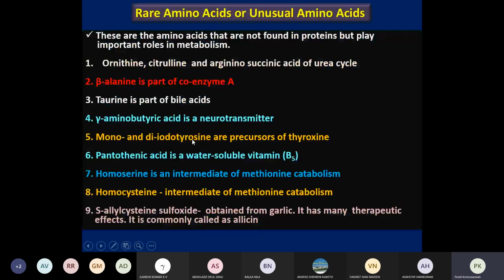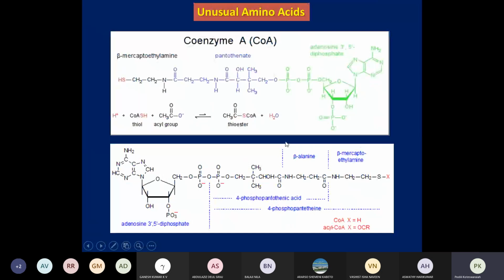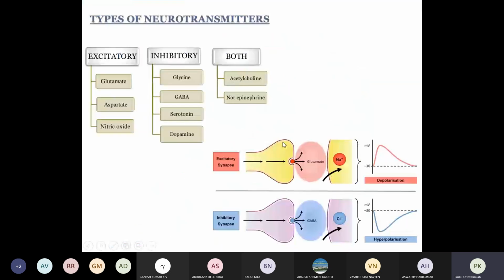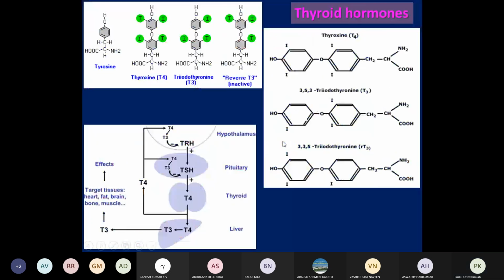Mono and diiodotyrosine are the precursors for thyroxine. You can see here, this is thyroxine. All these, MIT and DIT, monoiodotyrosine and diiodotyrosine, are the precursors for the formation of thyroxine, reverse T3, and also triiodothyronine.